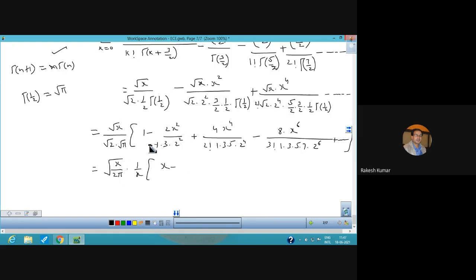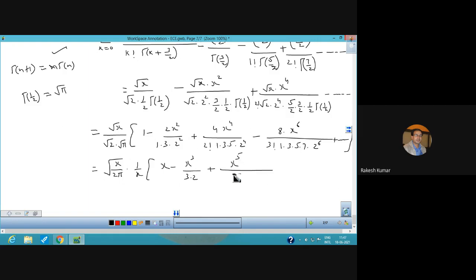So x को अंदर मल्टीप्लाई कर रहे हैं और आपके पास जो बनेगा वो हमारे पास बनेगा x minus x cube यहाँ पर upon 3 into 2 और plus x raised to power 5.